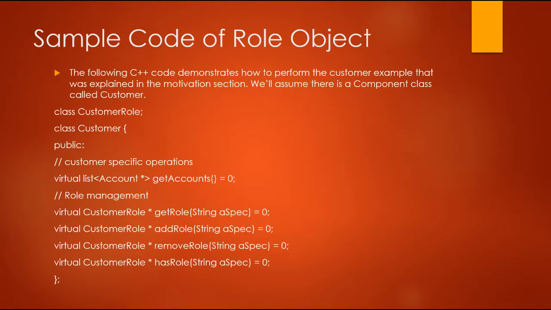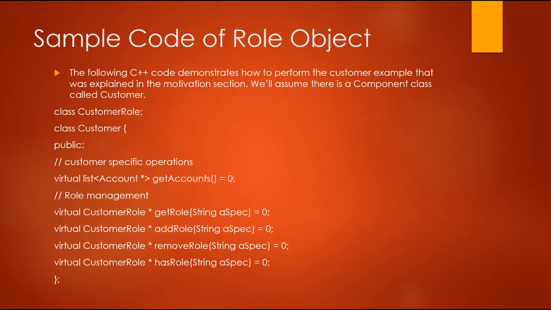Here is the sample code I got of the role object, which is supposed to demonstrate how it works. The following code demonstrates how to implement the customer example that was explained in the motivation section. We'll assume there's a component class called Customer. Here the class CustomerRole has been declared, and there's another class that is Customer.